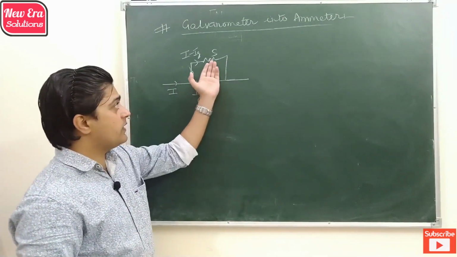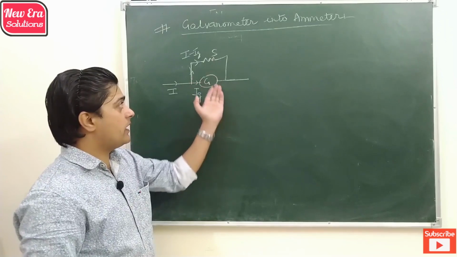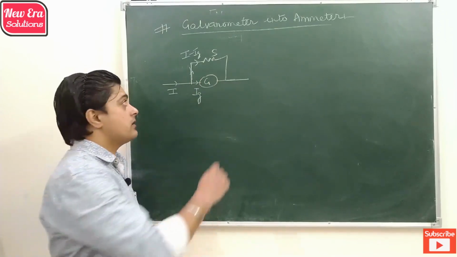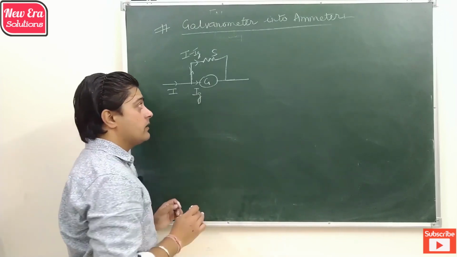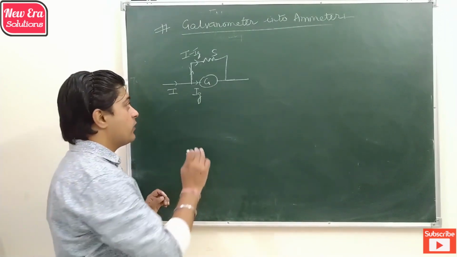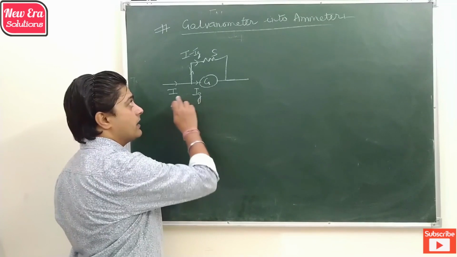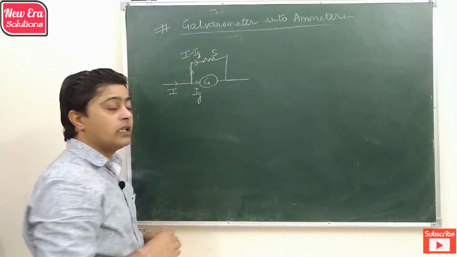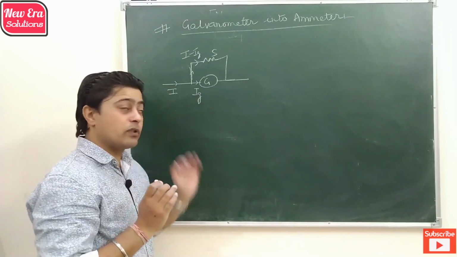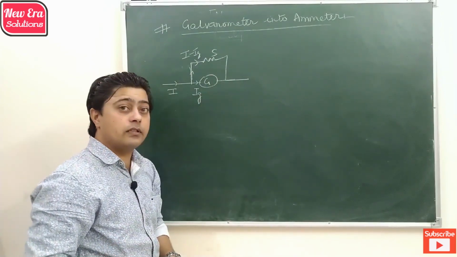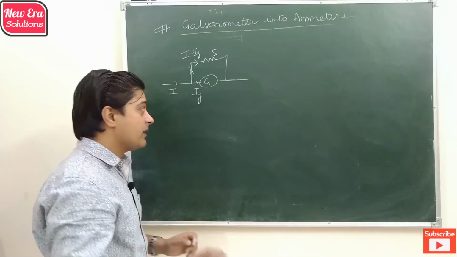So in that case, we connect a shunt S parallel to the galvanometer. The resistance of the shunt is S, which is very small, and the resistance of the galvanometer is G, and the current flowing through them is Ig, and the remaining current I minus Ig flows through the shunt. As the shunt is low resistive, the maximum current passes through the shunt and the galvanometer remains safe.